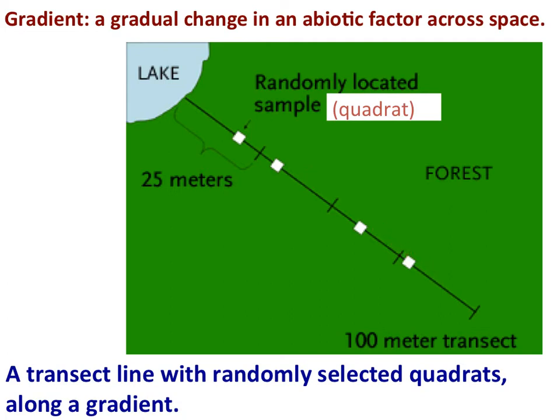For example, there is likely a soil moisture gradient from the edge of the pond to a location away from the pond. A transect line with randomly selected quadrats along the gradient could be used as a strategy to measure biotic or abiotic factors along the gradient.